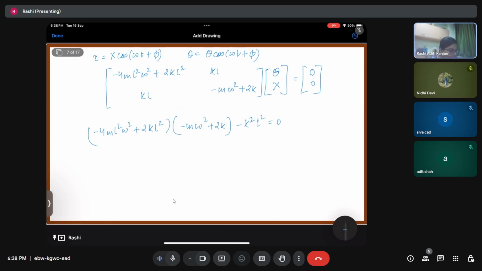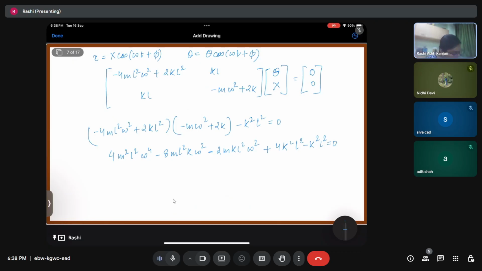So if we break it, what are we going to get? We'll have 4m²L²ω⁴, and then we are going to have minus 8mL²kω² minus 2mkL²ω² plus 4k²L² minus k²L² is equal to 0.